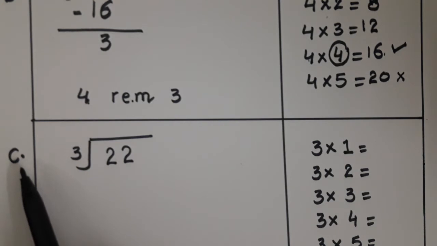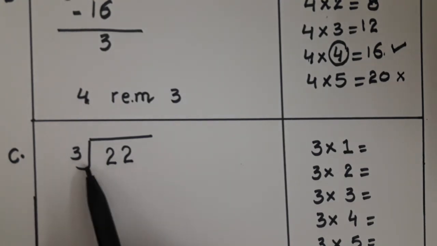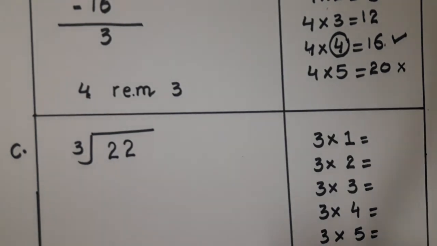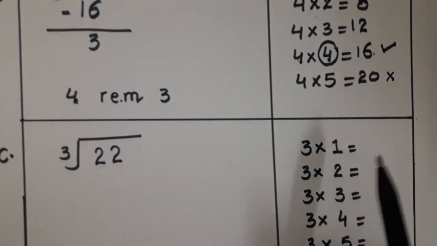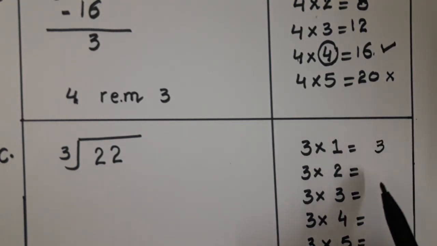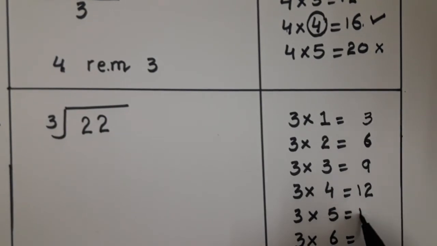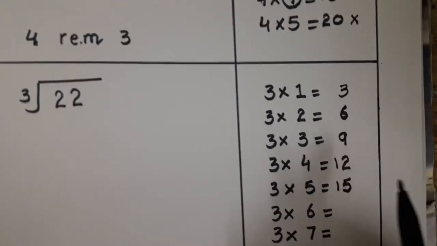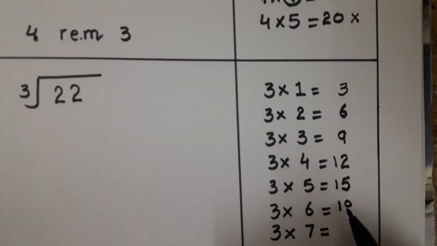Okay, now part C: 22 divided by 3. So students, again we will write the table, or you can read the table of 3. 3 times 1 is 3, 3 times 2 is 6, 3 threes are 9, 3 fours are 12, 3 fives are 15, 3 sixes are 18, 3 sevens are 21, and 3 eights are 24.